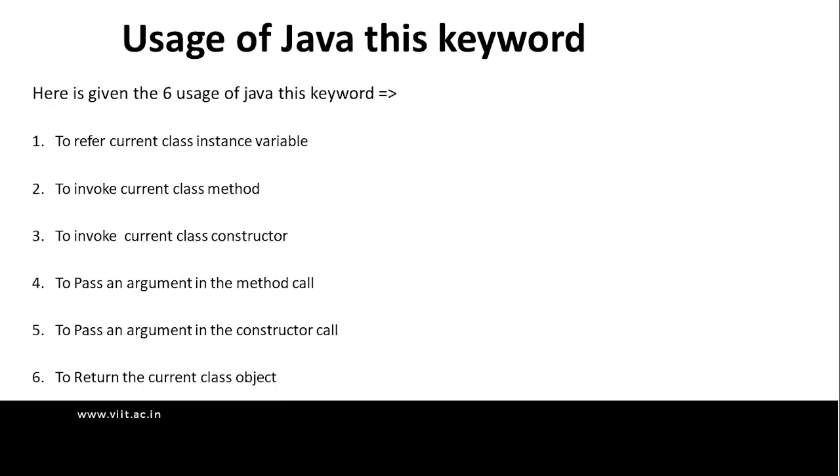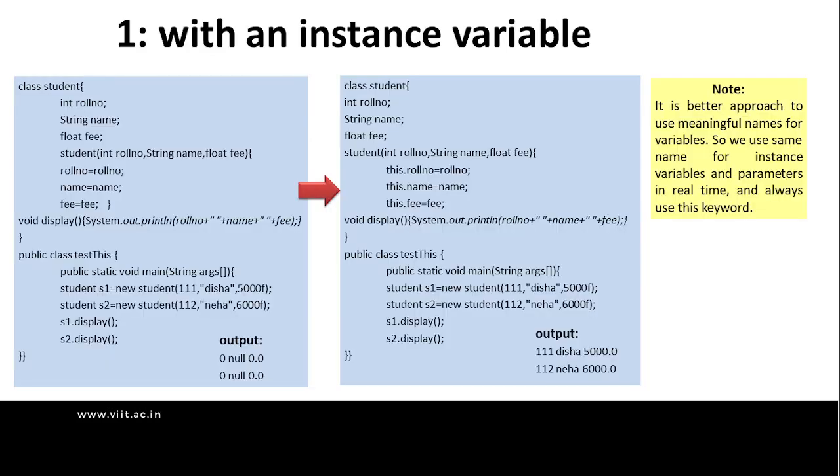To refer to the current class instance variable, see the first example using a reference variable.